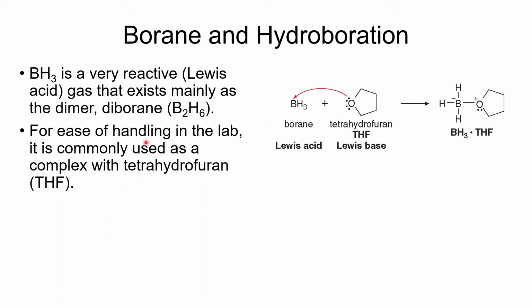And we can mix the borane with the THF, and when we do that, we get this complex between the BH3 and the THF. BH3 has an unused empty p orbital on the boron, and that empty p orbital will react as a Lewis acid and accept the electron pair from THF, and that's what gives us this unusual structure.